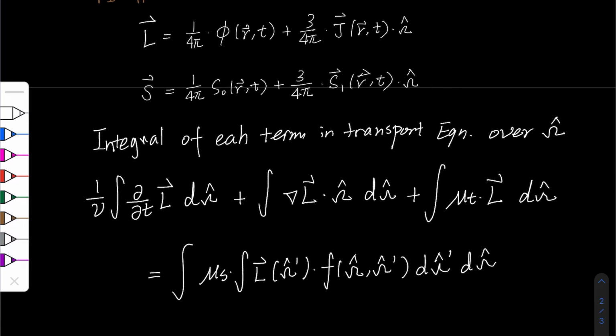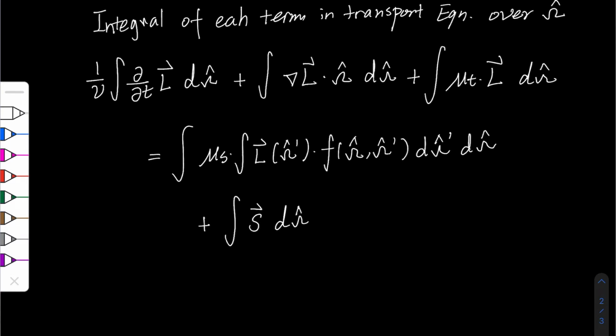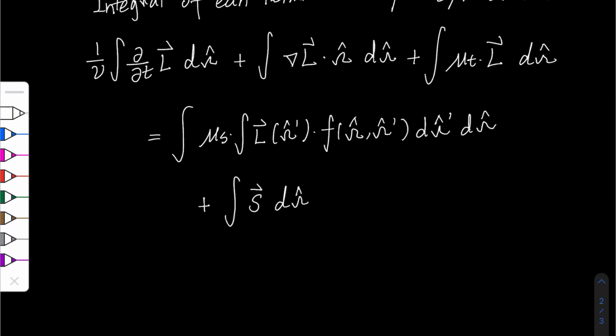And the last term is the source s, and then we do the integral of s over omega hat. Then we will further organize this equation.